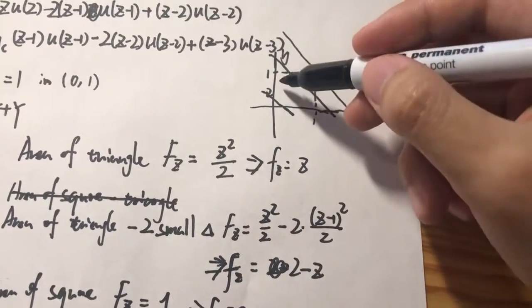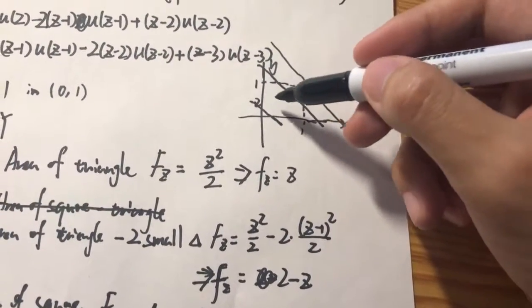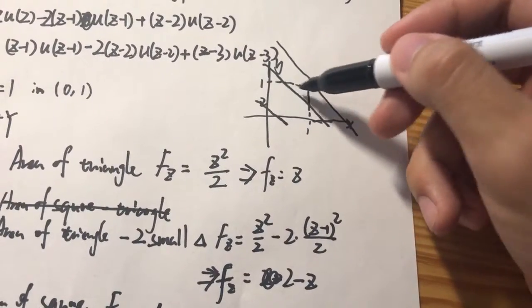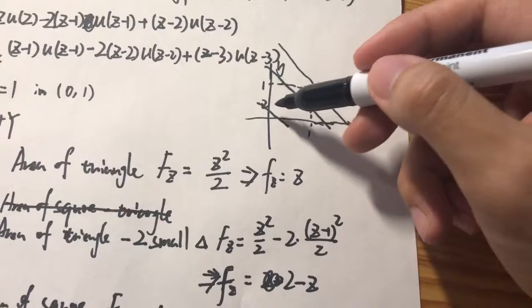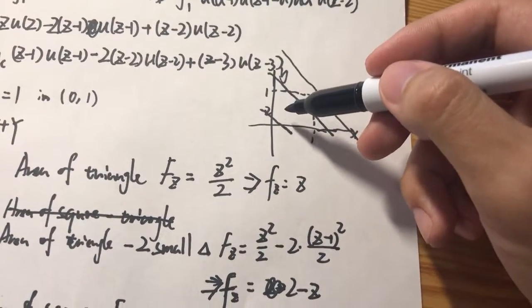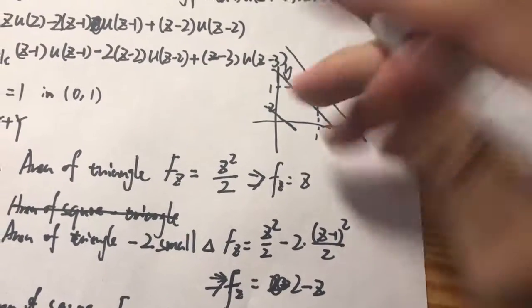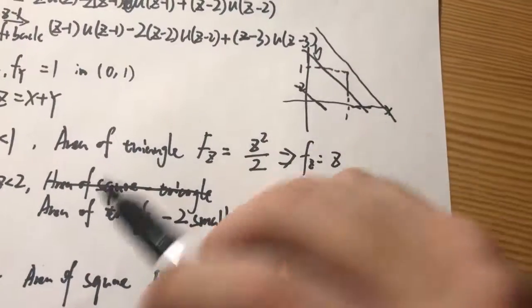For this figure, this square is where Z should have some value except for 0.